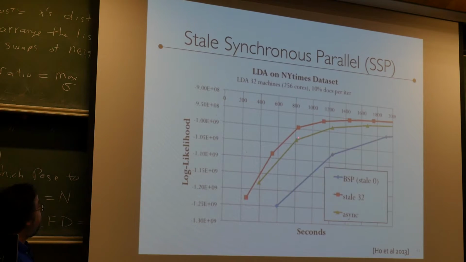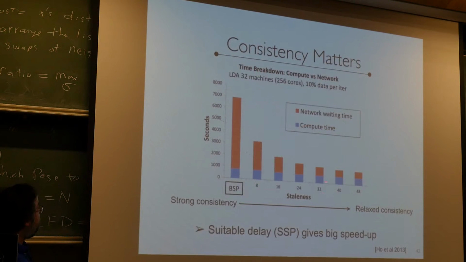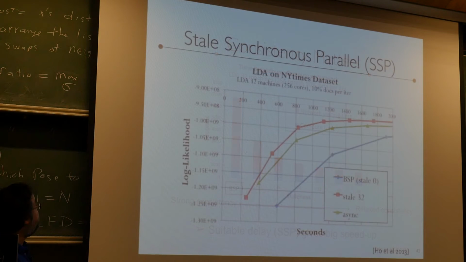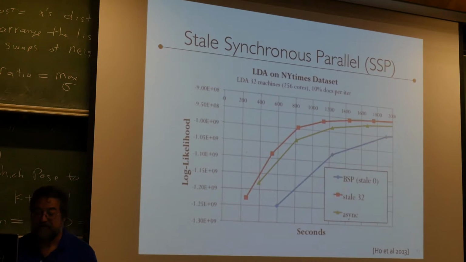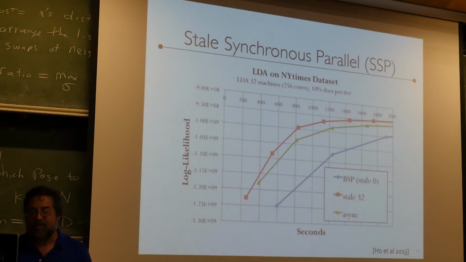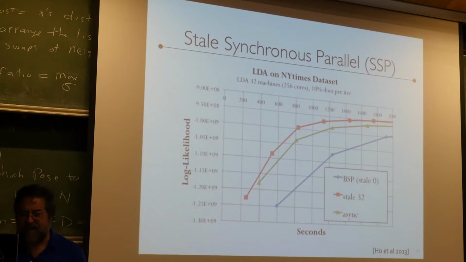It's not guaranteed to, but in this case it does. And then staleness with a value of 32 here, which was around the sweet spot, gets a significantly better model in less time. So that's the basic idea.